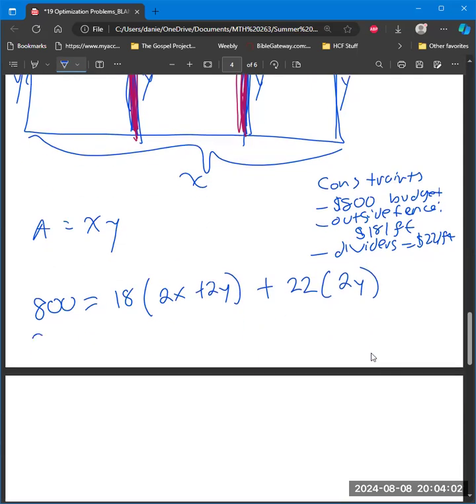So that means 800 is equal to 36x plus 36y plus 44y, which is 36x plus 80y.